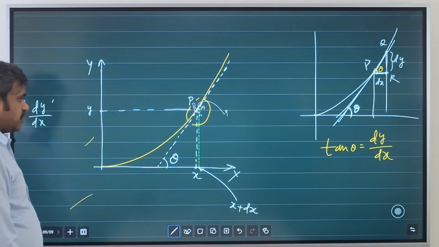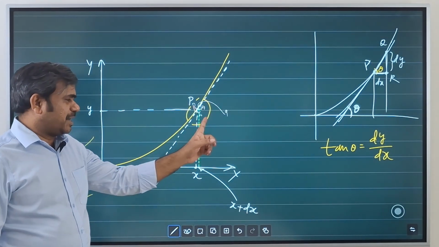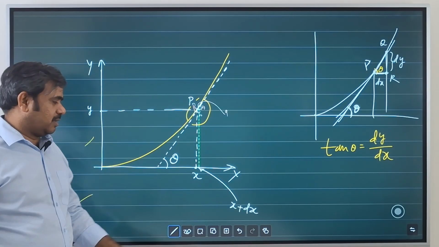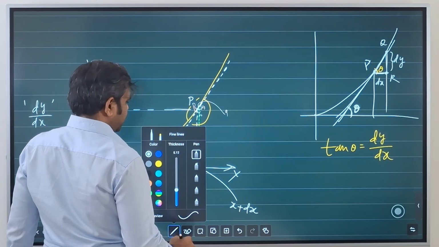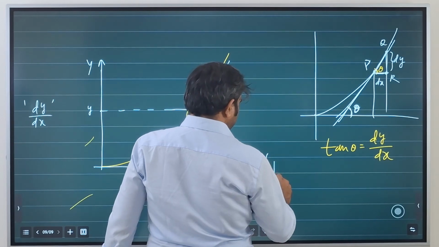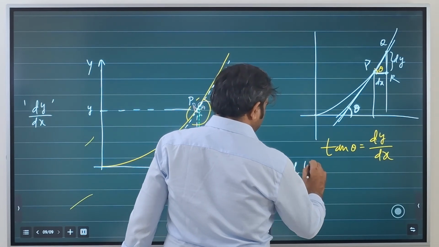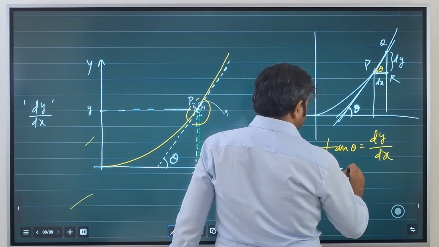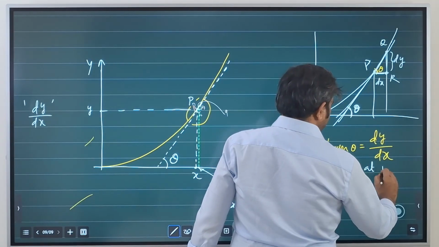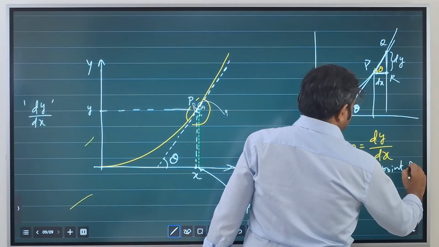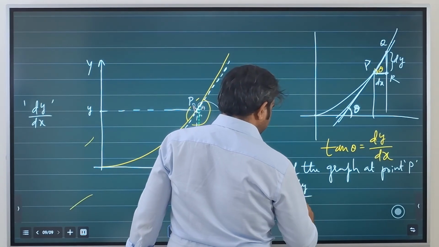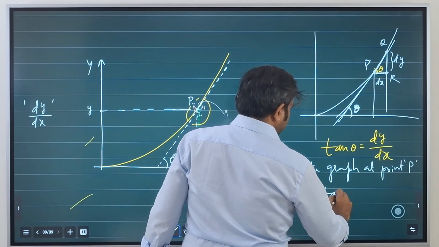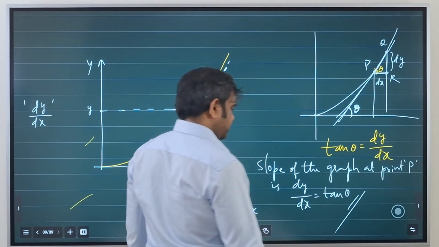So here, the slope of the graph at point P is dy by dx, equal to tan theta.